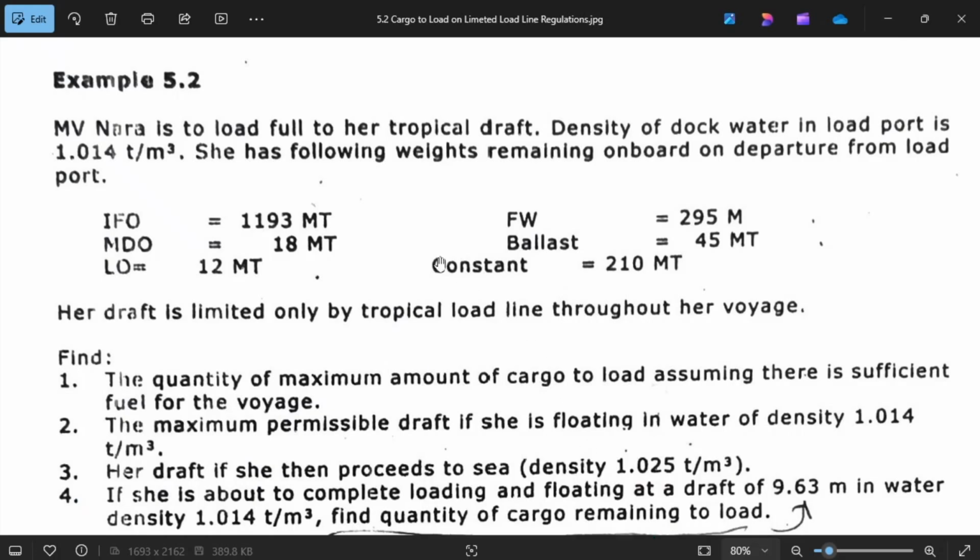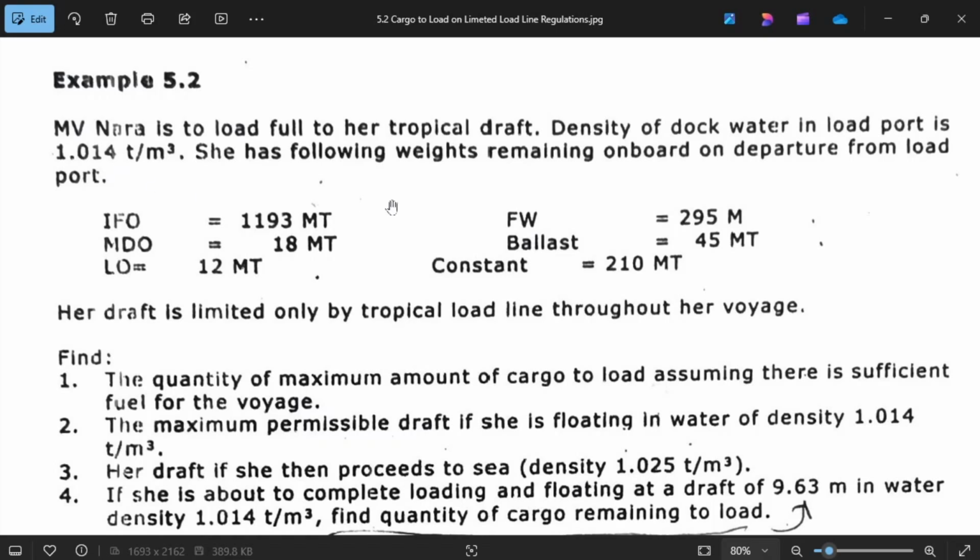So this is a problem. The vessel is like my previous vessel. The vessel is MV Nara, to load full to her tropical draft. So we're now to use this tropical draft. Density of water in the load port is 1.014, meaning the local density in the loading port is 1.014 tons per cubic meter.